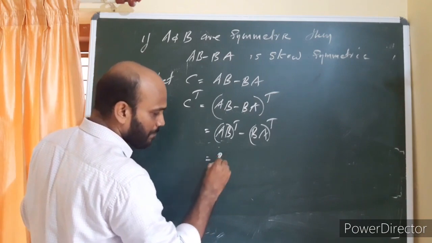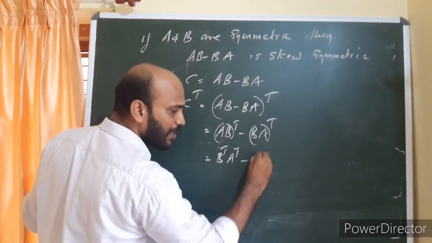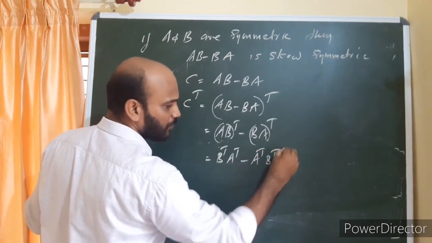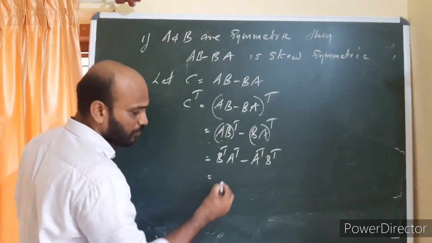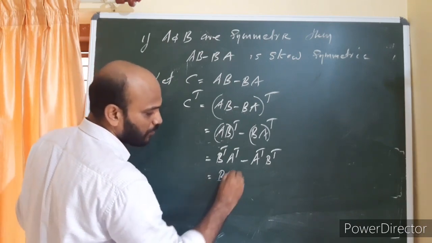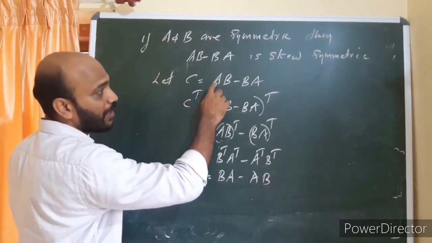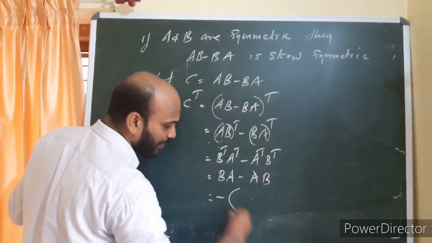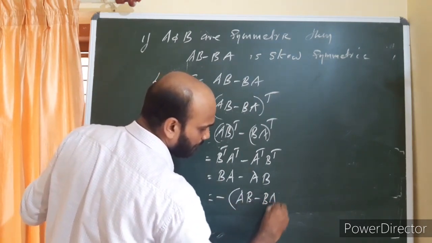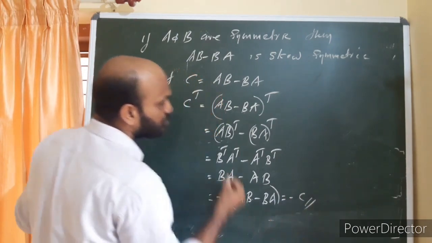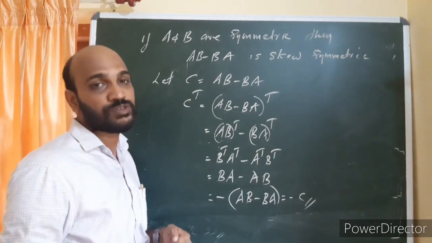So this will be B transpose into A transpose minus this term will be A transpose into B transpose. Now given that A and B are symmetric matrices, so B transpose we can write as B, A transpose equal to A, BA minus AB will get. Now what is C? AB minus BA. So we can take minus outside from these two terms. We get minus of AB minus BA. That is minus C. So C transpose we are getting as minus C. That means C is skew symmetric.